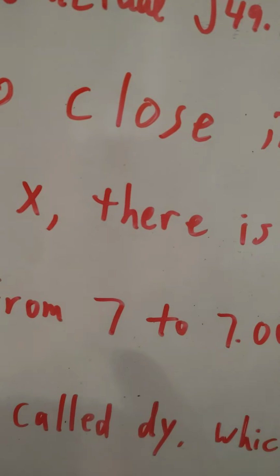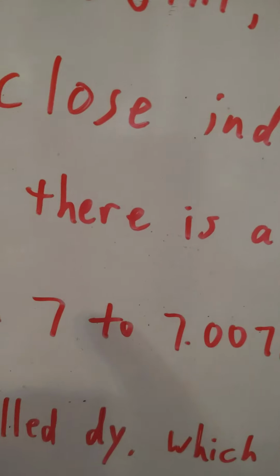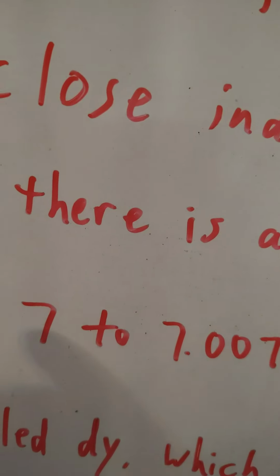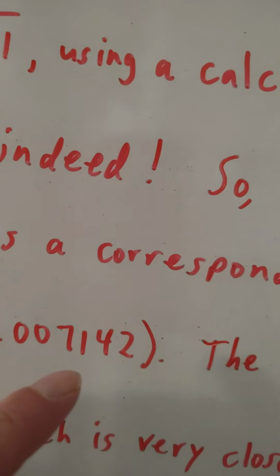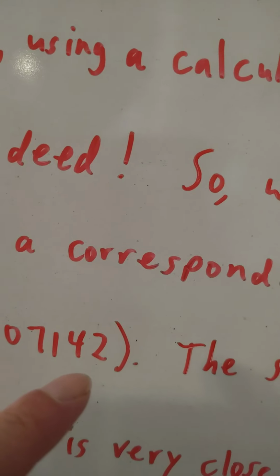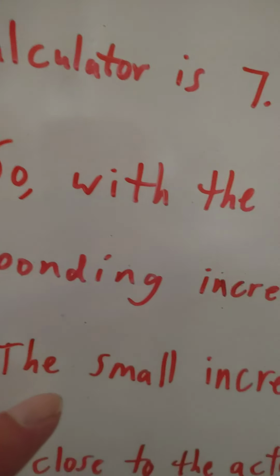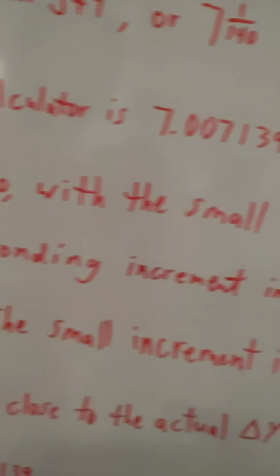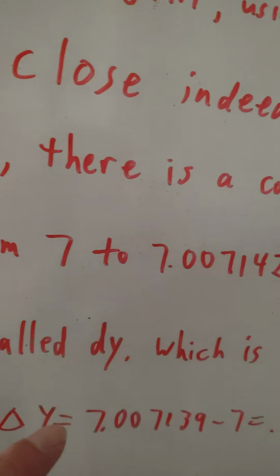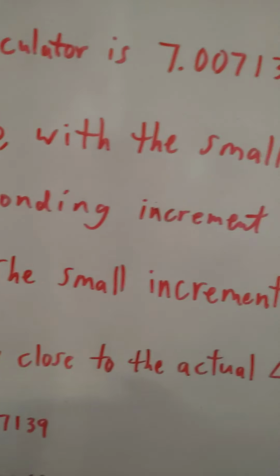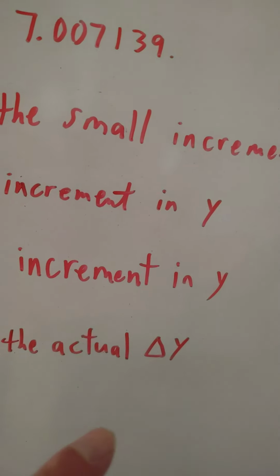What was that corresponding increment in y? It went from 7, the square root of 49, to the square root of 49.1, which was 7.007142. And that small increment in y is called dy, which is very close to the actual delta y.